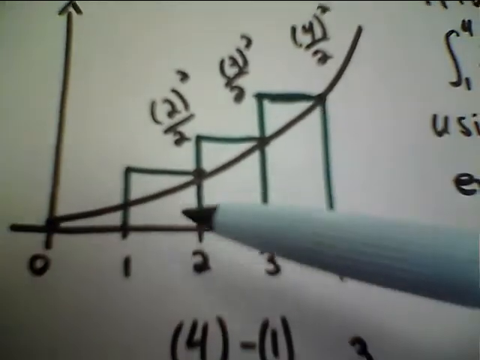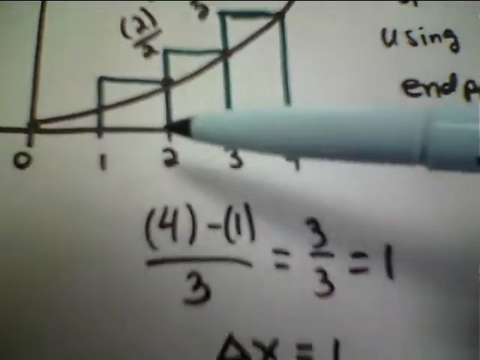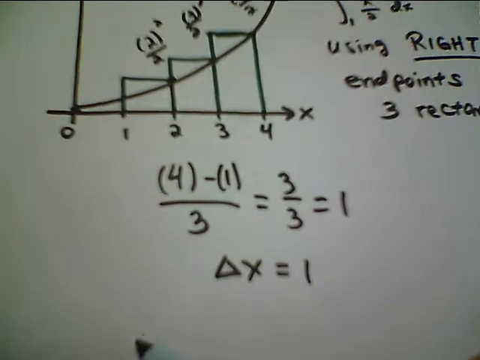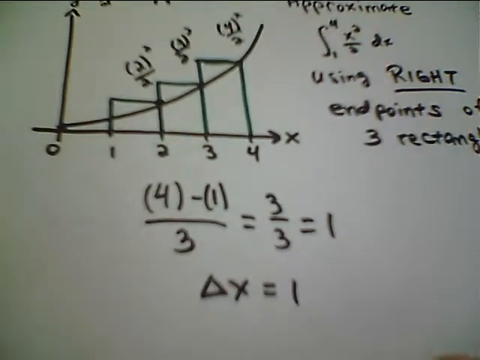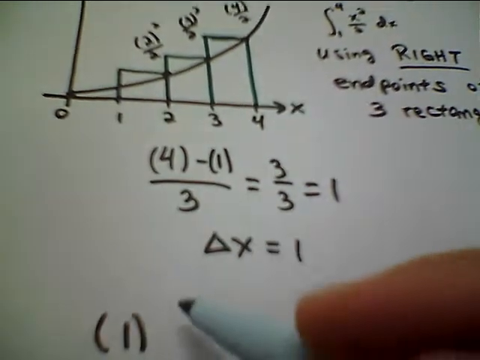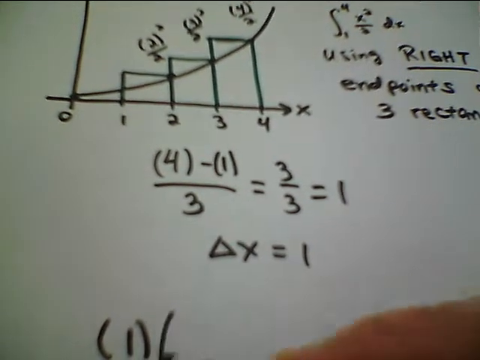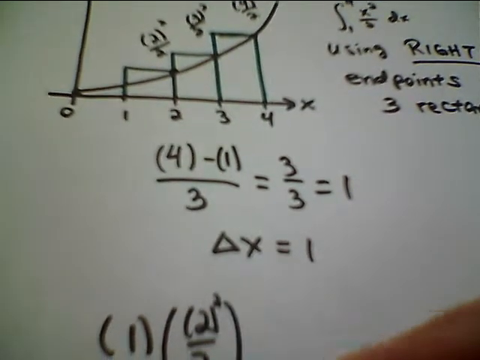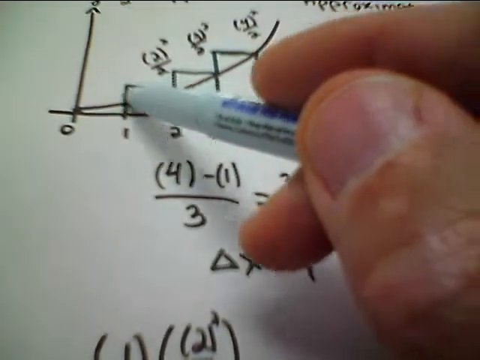So I take the base, which is 1, that's the delta x, and multiply by the height, which is 2 squared over 2. So that gives me the area of this rectangle.